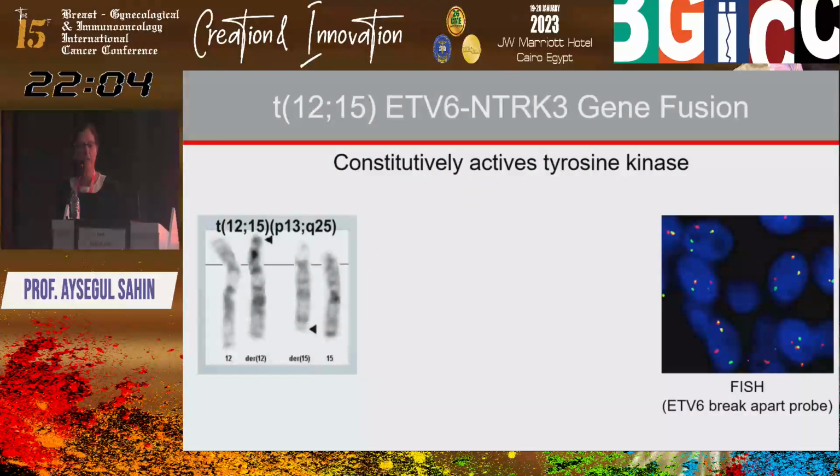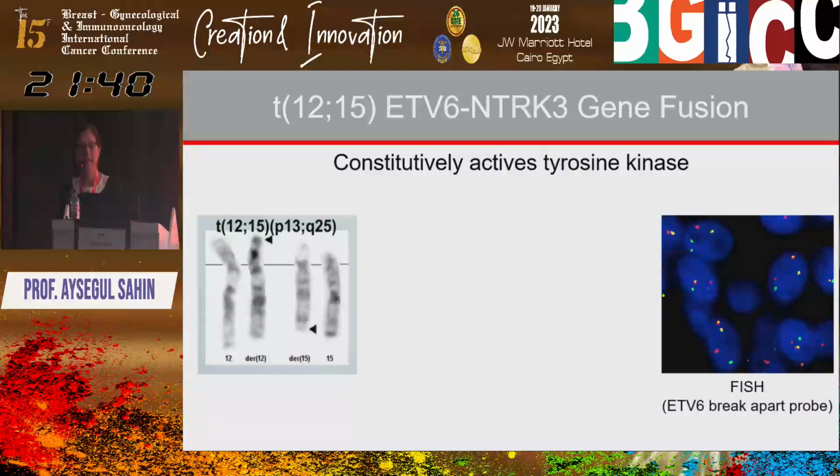There should be one more slide here, but I cannot bring it. So the characteristic of secretory carcinoma is the translocation of chromosomes 12 and 17, forming this fusion gene, for which we have a specific FISH probe.